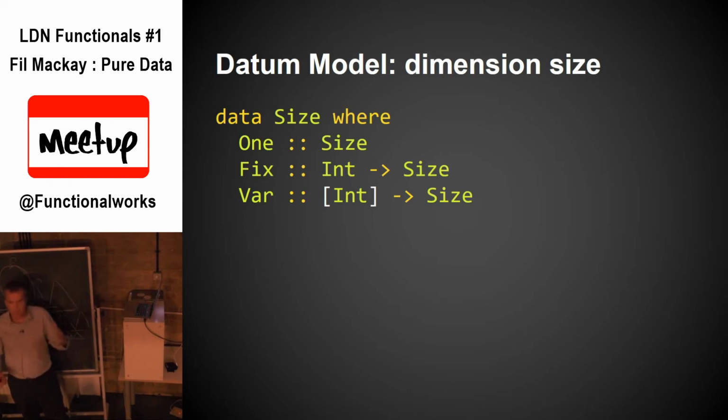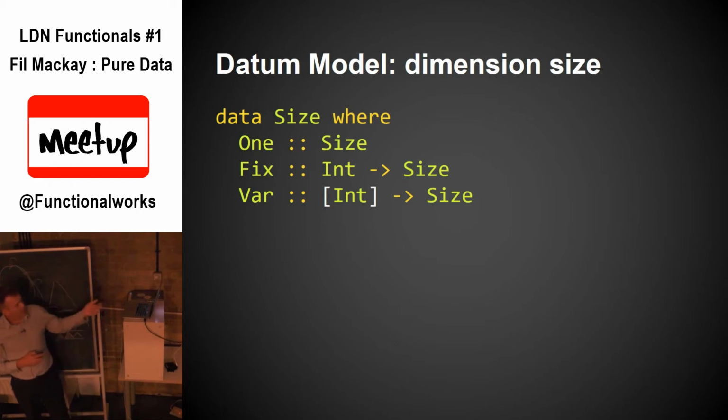You say there are 5 of them, or whatever. If you want to construct a regularly shaped array, so you've got a 10 by 20 array, that would just be 2 dimensions with a dimension of 10, and then a child dimension with the other axes.